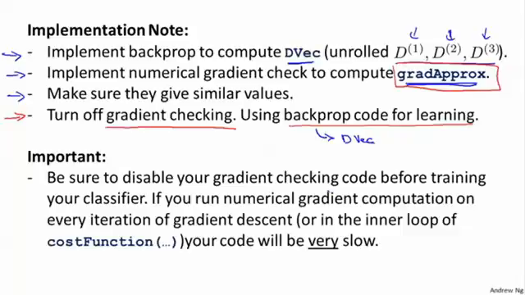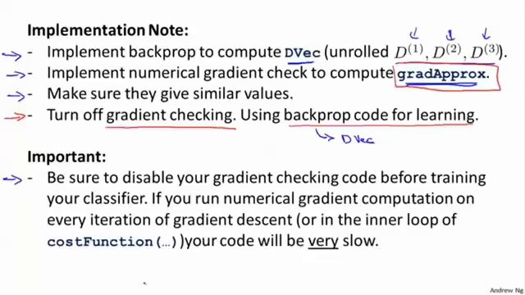So once you've verified that your implementation of backpropagation is correct, you should turn off gradient checking and stop using it. Just to reiterate, be sure to disable your gradient checking code before running your algorithm for many iterations of gradient descent or of the advanced optimization algorithms in order to train your classifier.